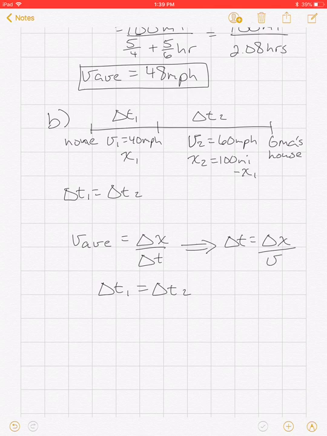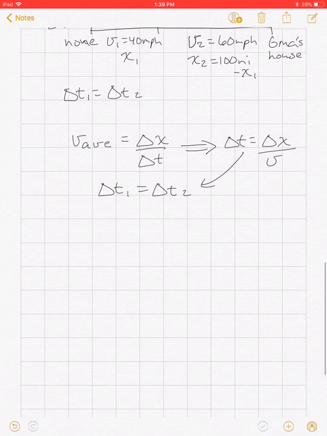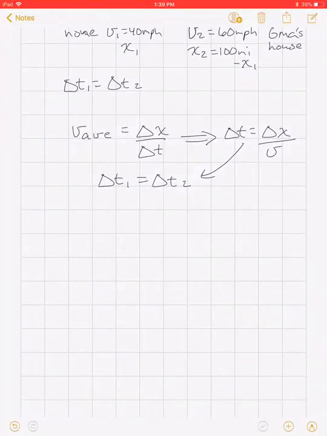Okay? So we can plug this in, and we're going to have that the distance for the first part over the velocity in the first part is equal to the distance in the second part over the velocity in the second part.